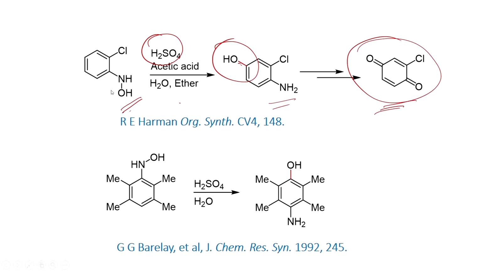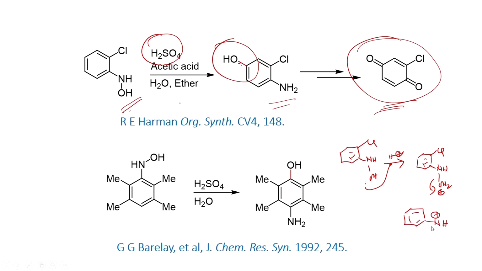And so as we have just seen, protonation of this compound, so you will have this cation. Once we have this one, you can draw the resonance structure.